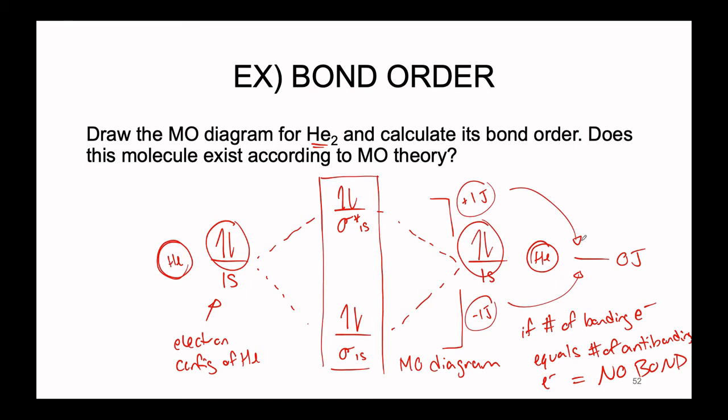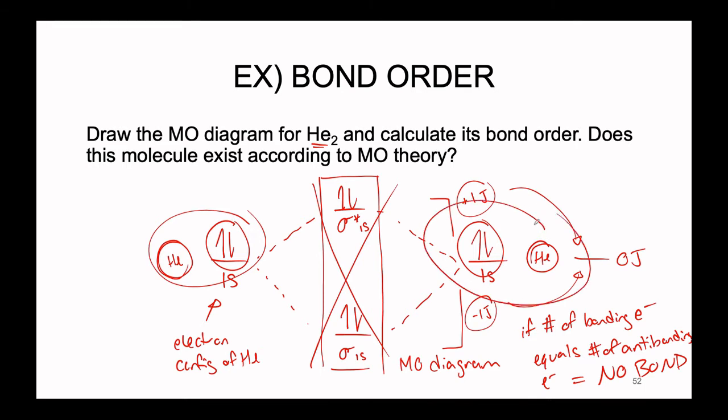The molecular orbitals are so unstable that these two heliums are like, you know what? No, we're not going to combine. I, as one atom, am going to stick with my own electrons, and you, as another atom, are going to stick with your electrons. This is how we can make sense of He2 not existing according to MO theory.